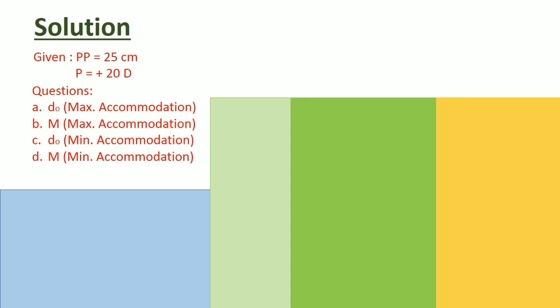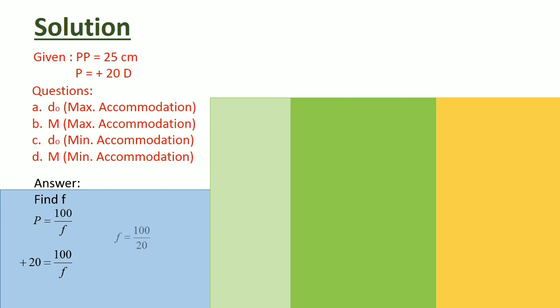First, we must find the value of f, or the focal length. You must remember the equation for the power of a lens, P equal to 100 over f, where P is the power of the lens and f is the focal length of the lens. On this question, P is plus 20, and f is the one that we need to find.